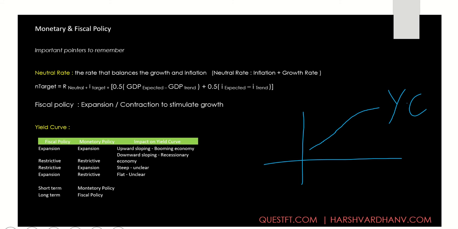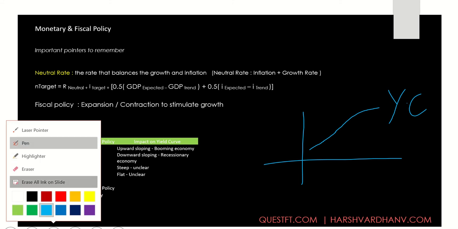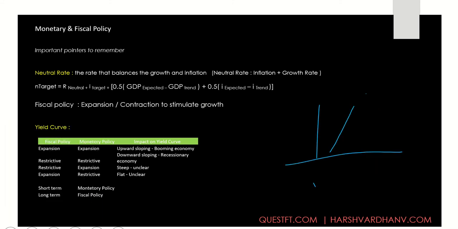But in fact, it's much more steep. It will be like this. So this will be your yield curve in restrictive and expansion. So it's steep, and it's unclear what will happen to the yield curve.